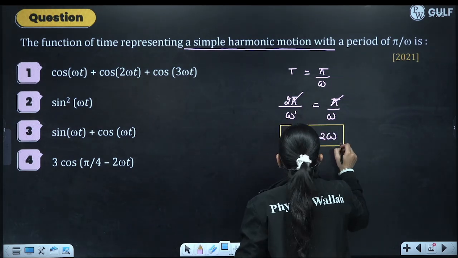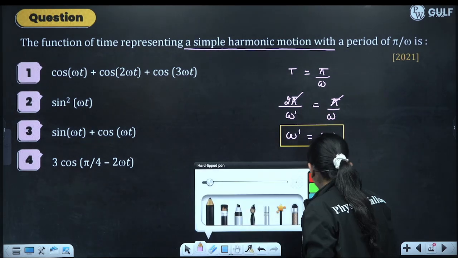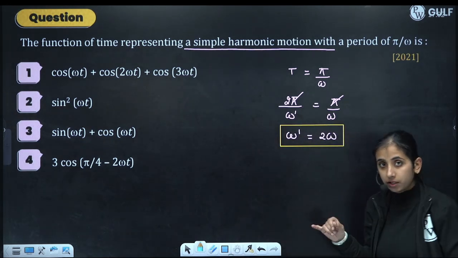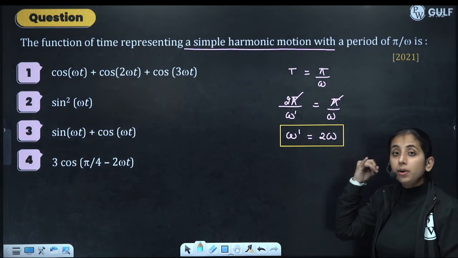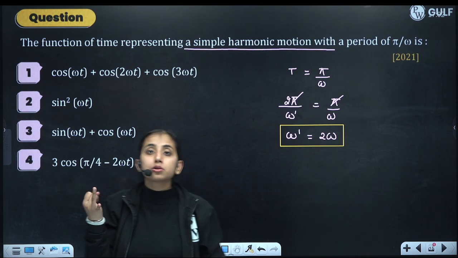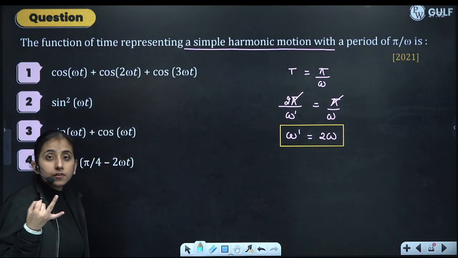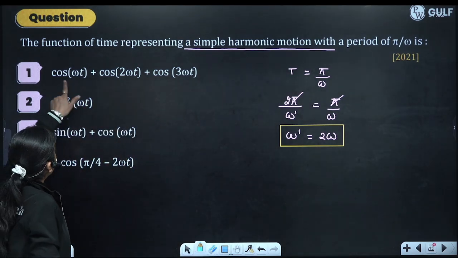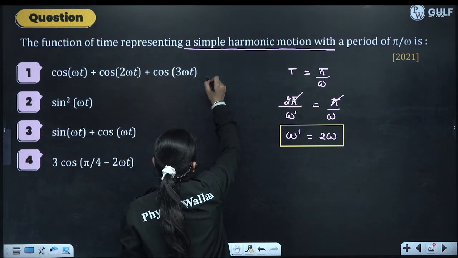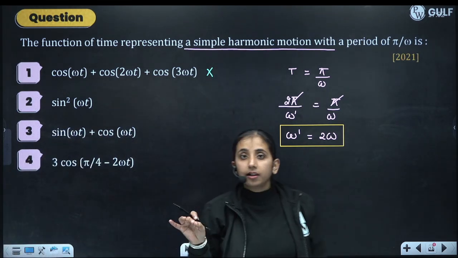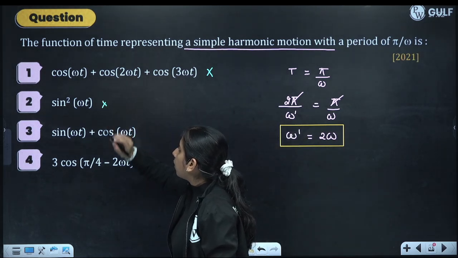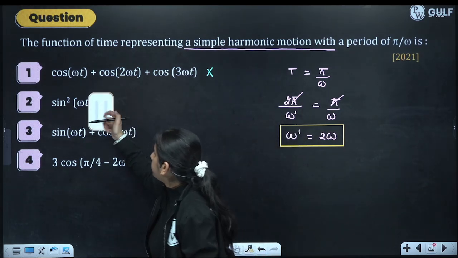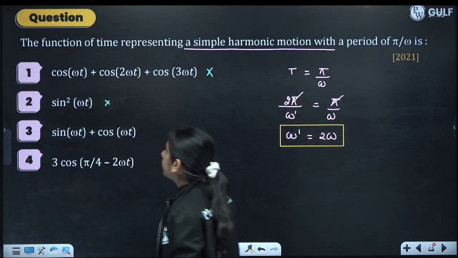So we have to identify a function which is a solution to the SHM equation, and the frequency of that function should be 2 omega. Now first, this is not a SHM, so it gets cancelled. Sine square function is also not an SHM.